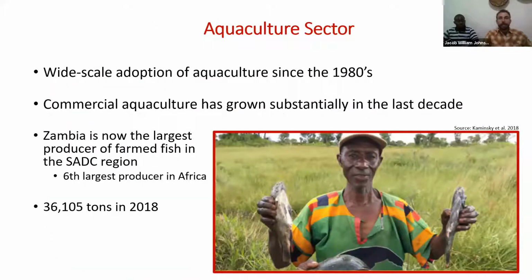Since the 1980s, there's been a wide-scale adoption of aquaculture in Zambia. In particular, commercial aquaculture in peri-urban areas of southern Zambia has grown substantially in the last decade. Zambia is now the largest producer of farmed fish in the Southern Africa Development Community, and the 6th largest producer in Africa, generating about 36,000 tons in 2018.